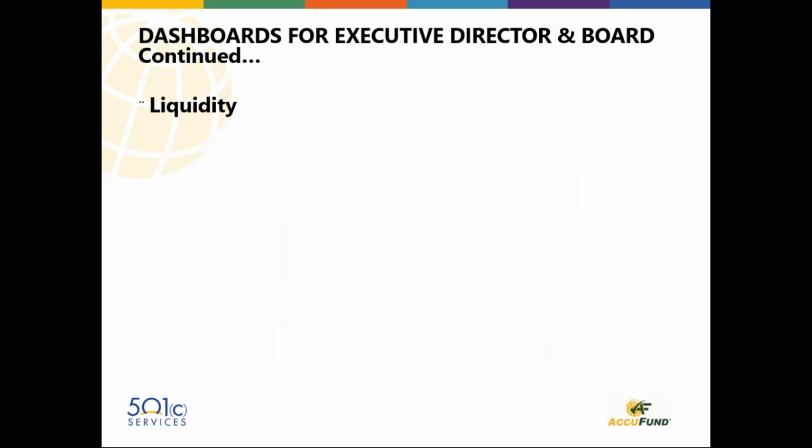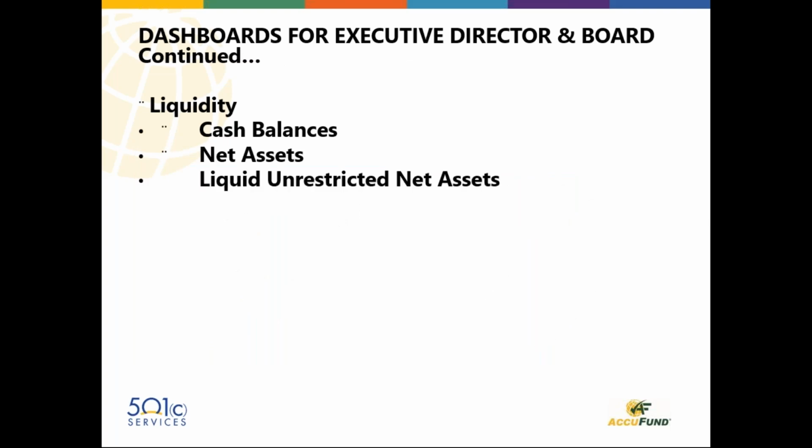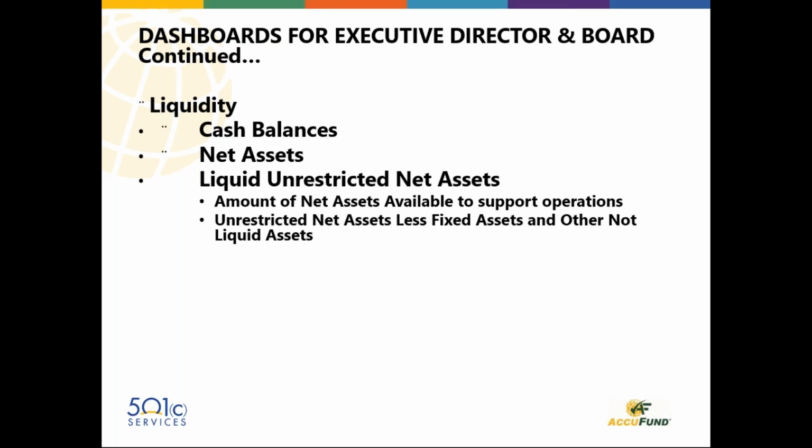So dashboards would be focused on liquidity, like cash balances, net assets, liquid unrestricted net assets. And here's the definition of liquidity: amount of net assets available to support your operations. And here's the formula: unrestricted net assets less fixed assets and other non-liquid assets. In some cases, it's just your fixed assets.